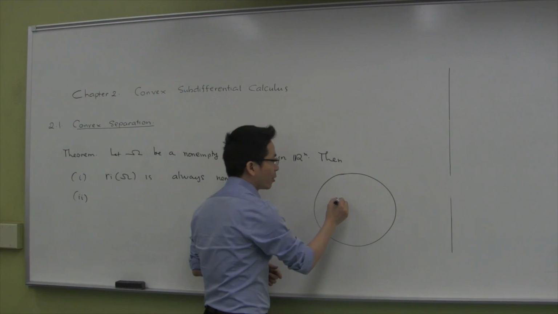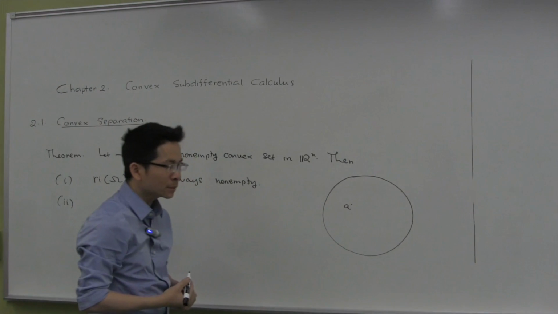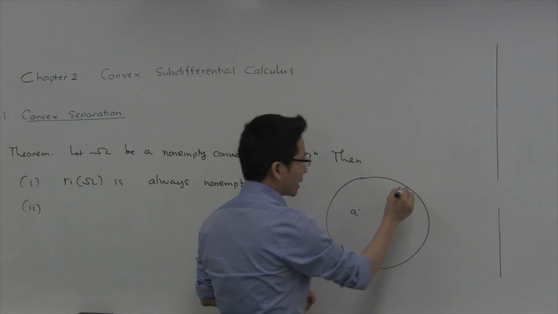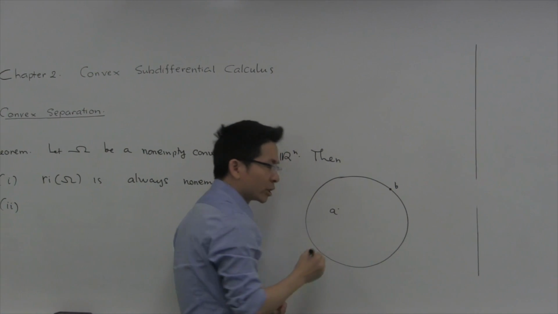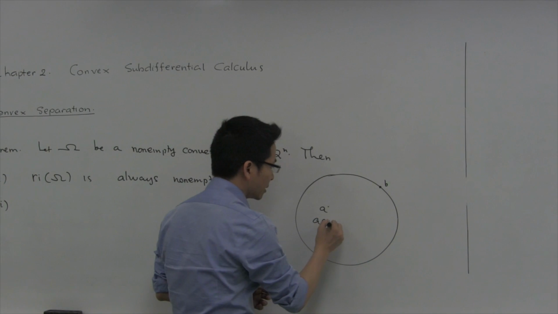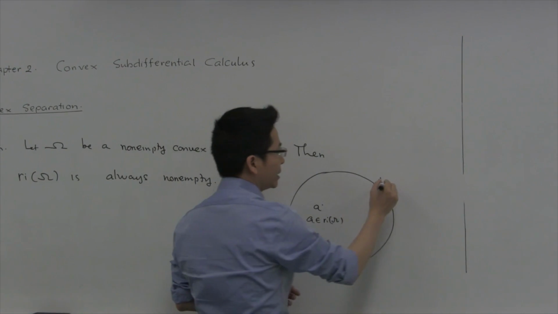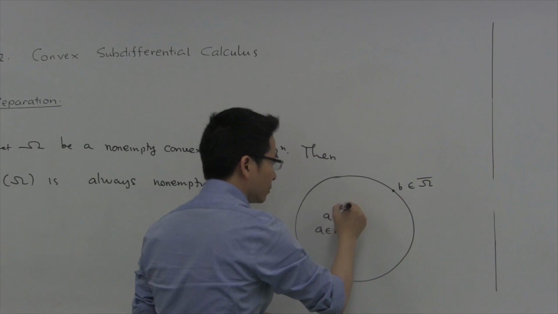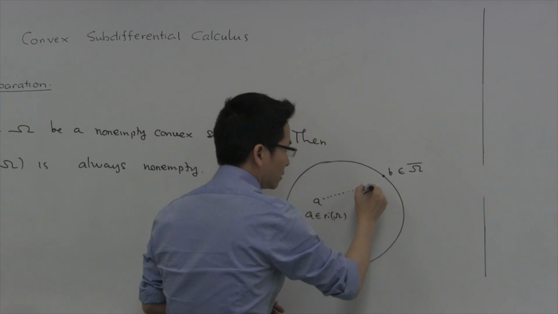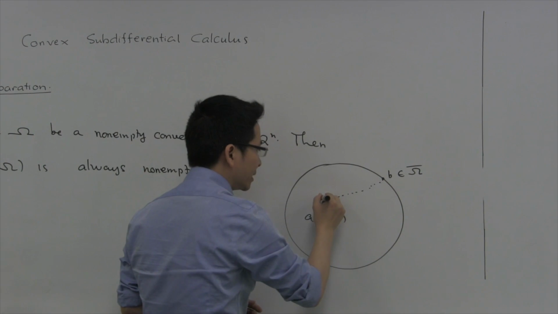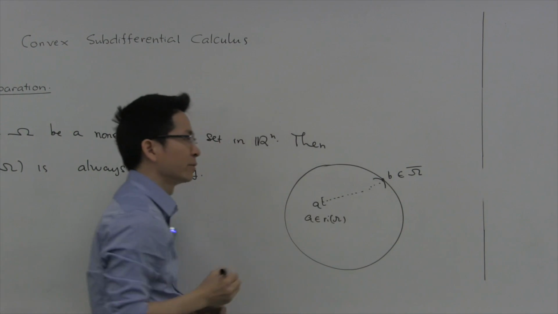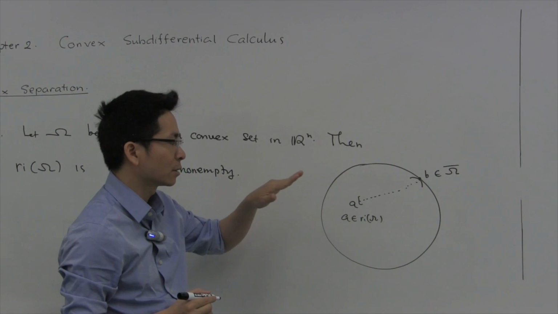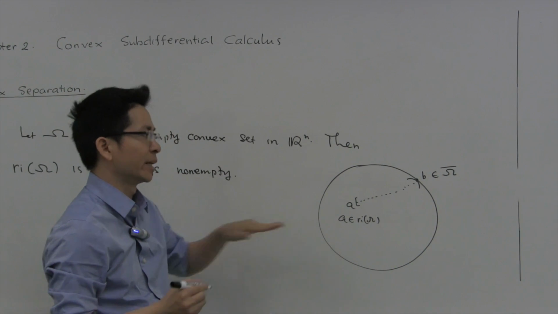That means if we take a point A in the relative interior of omega, and then if we take any point B in the closure of omega, so A here is in the relative interior of omega, and B is in the closure of omega, then we can see that this half open interval is a subset of the relative interior of omega.